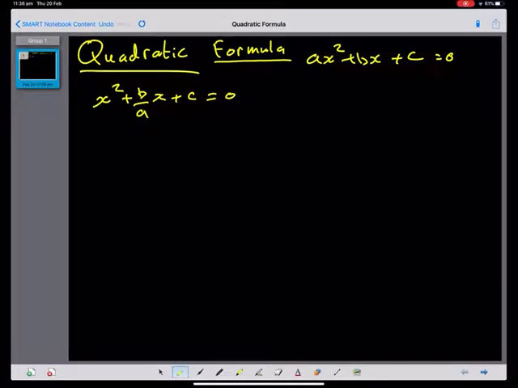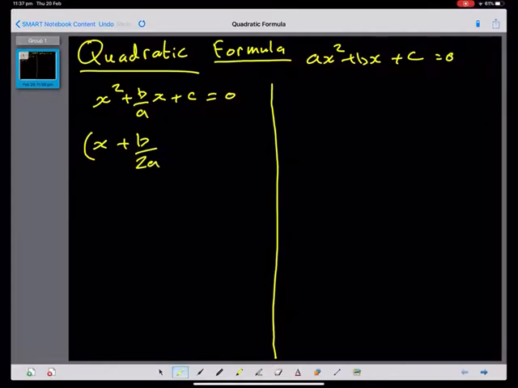Okay, so let's begin completing the square on this. So we open up the brackets. We add on half the coefficient of b, close the bracket, square it. Now that we've added on half the coefficient of b, we subtract half the coefficient of b squared, plus c over a.